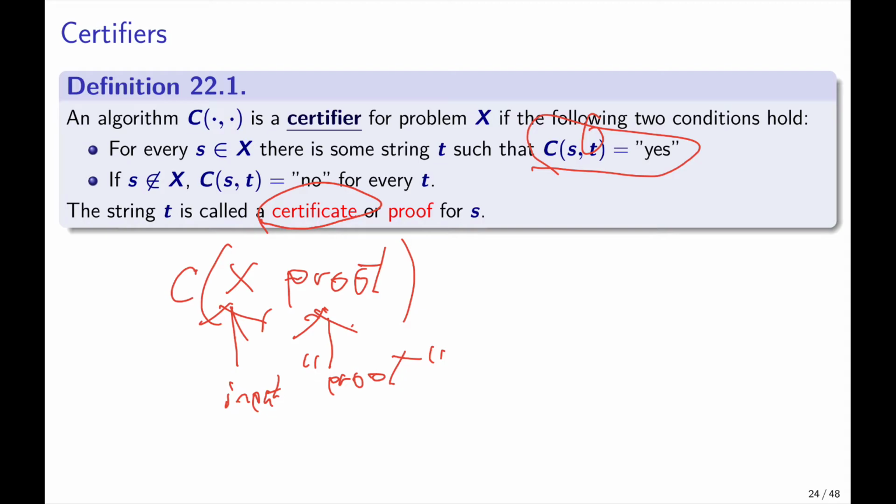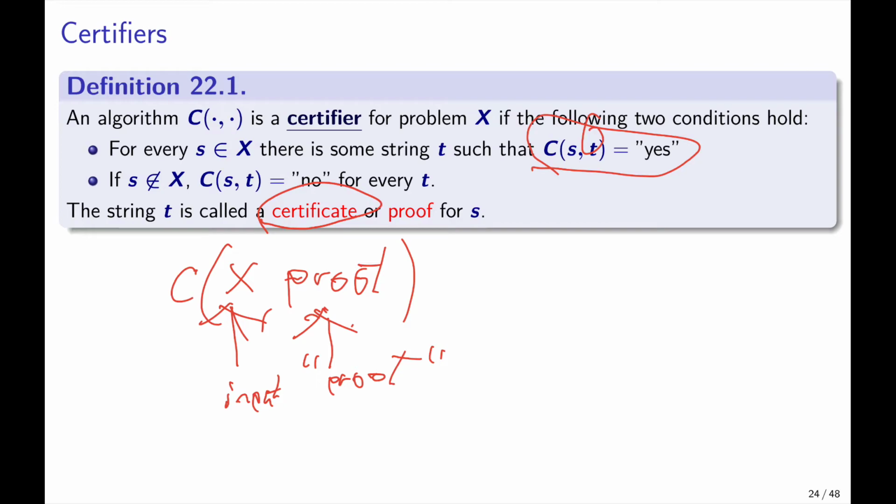Now, the way to think about a certifier is that it solves a decision problem when you give it a hint. The hint might be huge, but given the original input and the hint, the certifier can solve the problem.